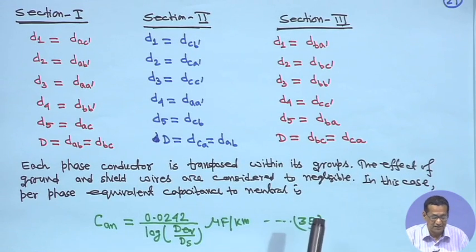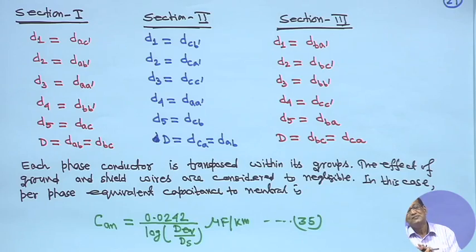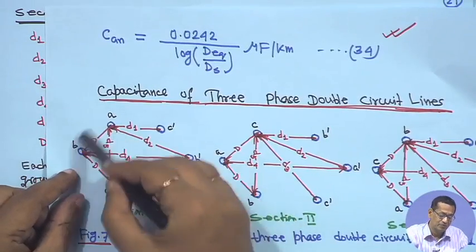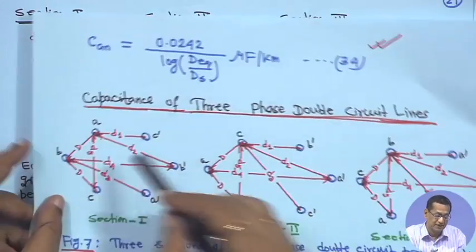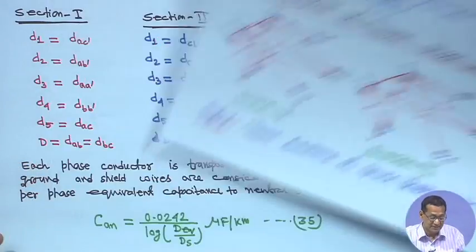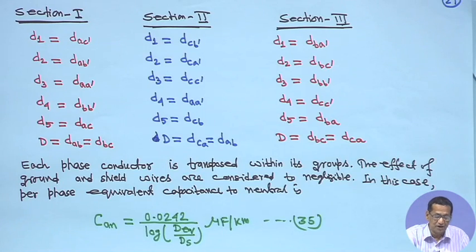Now, each phase conductor is transposed within its group. Within this group only the conductors are transposed, here and here also. So, it is a double circuit line. Therefore, the effect of ground and shield wires has been neglected, because its effect is negligible.